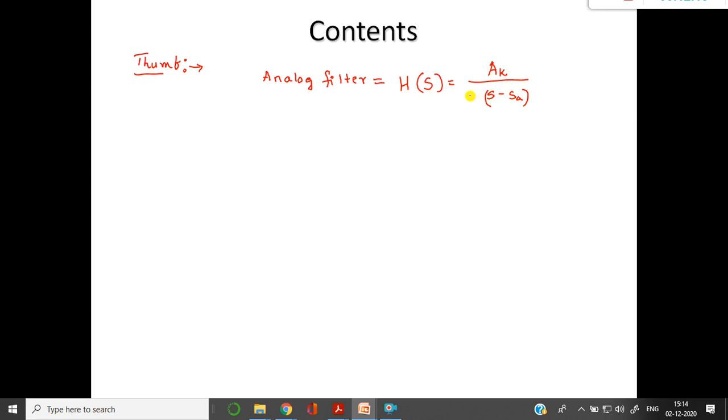This is how we represent the analog filter, normally consisting of a numerator and a denominator, where the denominator speaks about the poles or the order of my filter. Now, mathematically, what transform is this? It is the Laplace transform, LT.